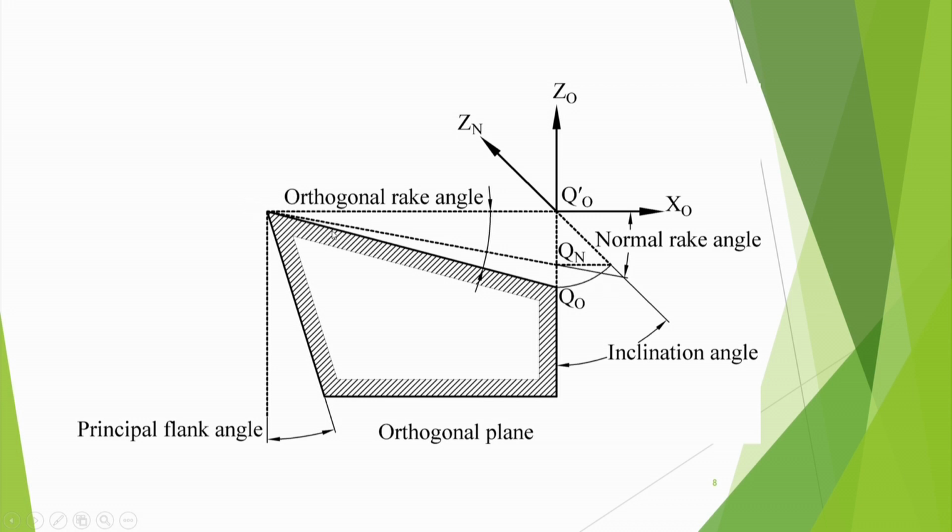Okay, that means the chip will slide from here to here like that. So this is sloping like this. Now the normal rake angle is actually not orthogonal to the cutting plane, rather it is normal to the cutting edge.